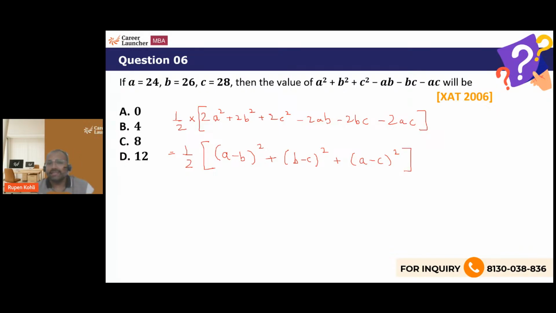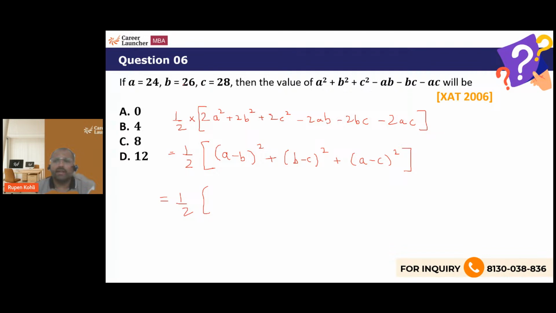So this is basically the expansion of this summation of squares. And now obviously these numbers are, although large, numerically close together, so the differences are small. That's the point. Now this simplification was required.